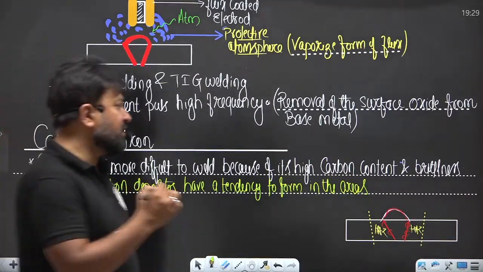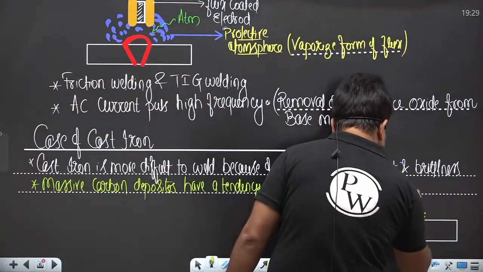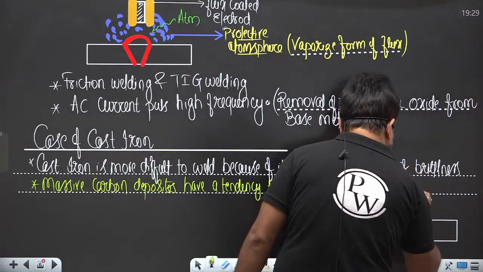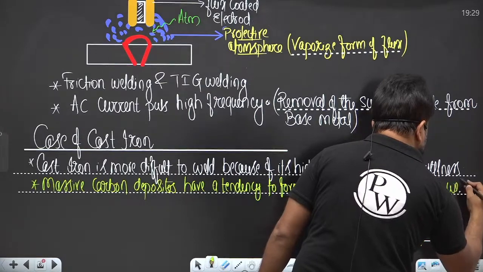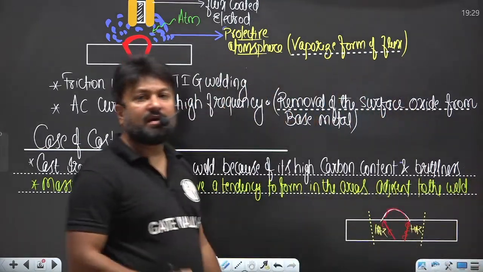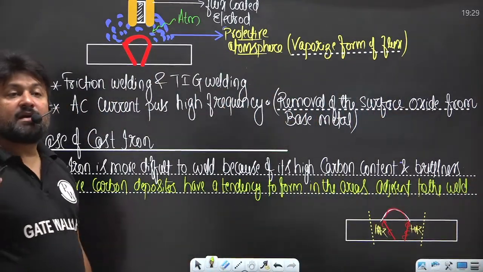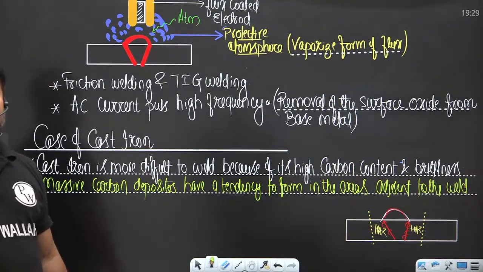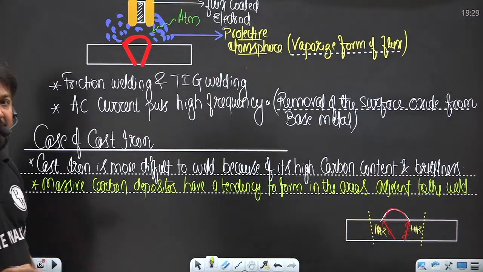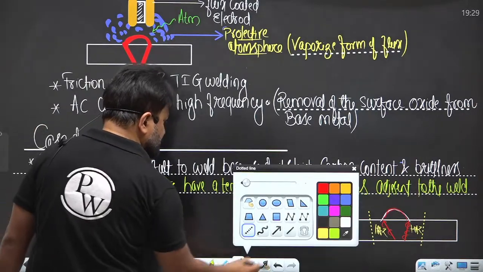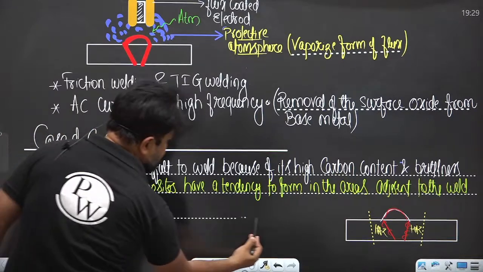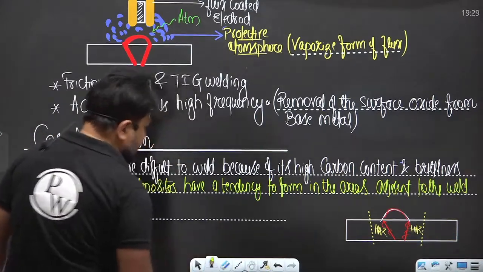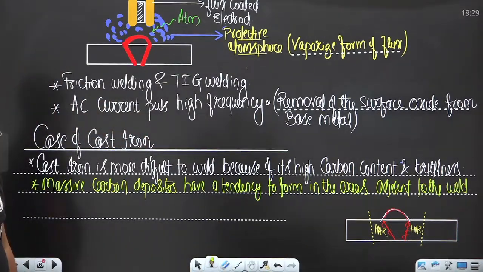Adjacent to the weld, right? And because of that, what happened? High carbon martensite tends to form.